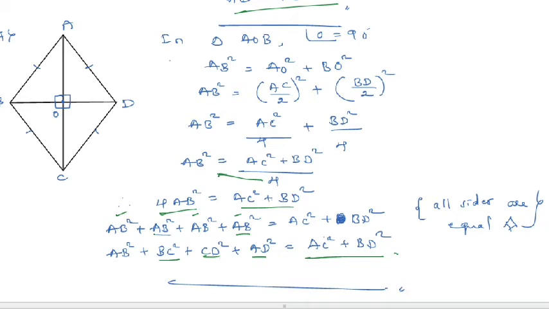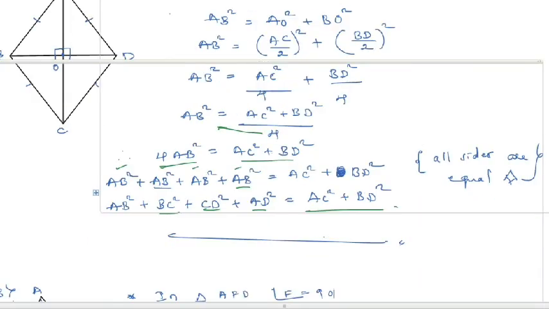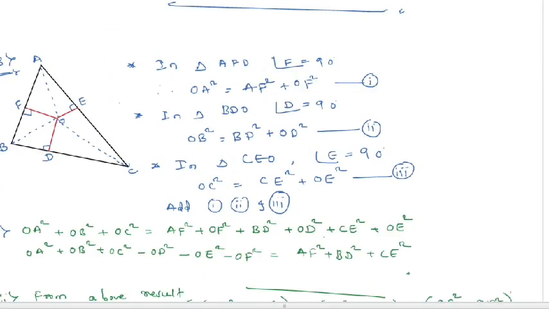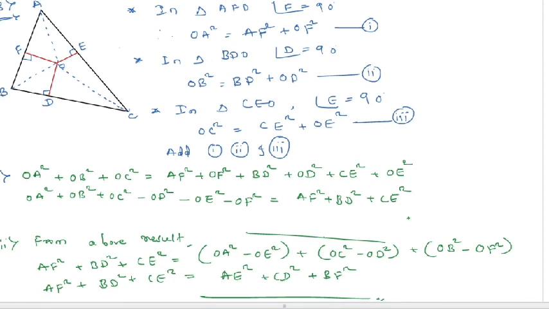Now, 8th problem. Problem number 8. In the figure 2.54, I have drawn the figure here. O is a point in the interior of a triangle ABC.